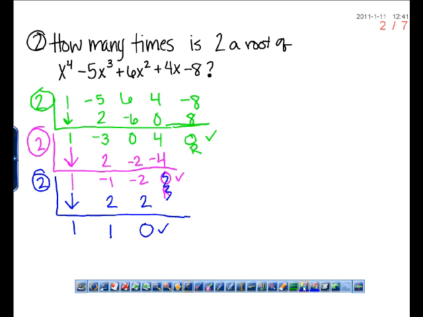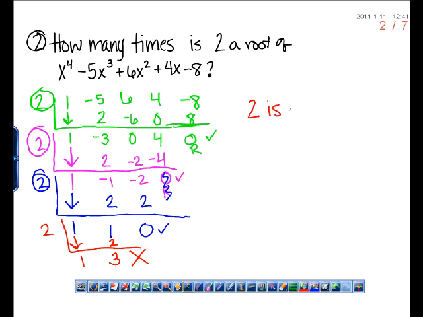So let's try it one last time, see if it works this time. Does it work this time? No. So, how many times is 2 a root of this quartic polynomial? 3 times.